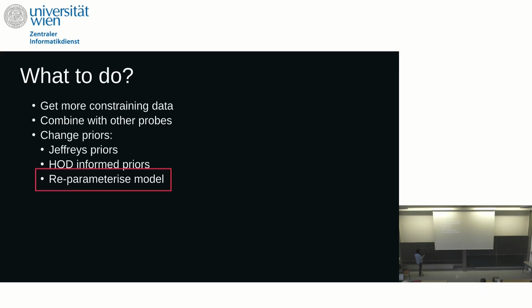So the marginalized chi-square is a sum of two contributions. This part is called the profile likelihood term, and this is called the Laplace term. And this comes from the marginalized parameters.